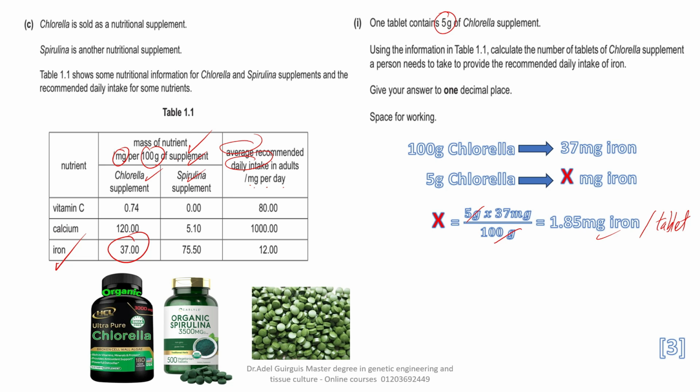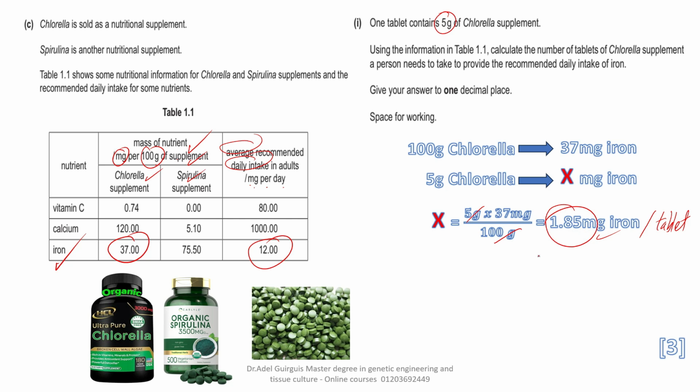He asked to calculate the number of tablets. How many tablets are needed to cover the recommended daily intake of iron in adults? Here, we need the maximum recommended daily intake, 12 milligram, but each tablet only provides 1.85, less than 2.